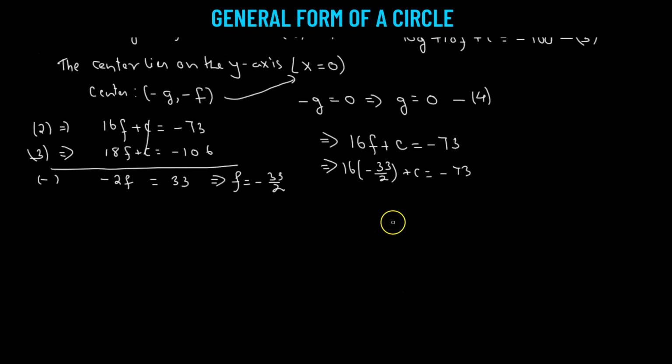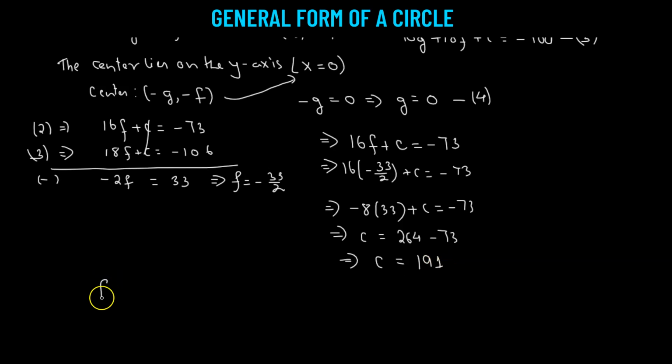So we have negative 8 multiplied by 33 plus c equals negative 73. So that gives us c equals 264 minus 73. So our c value comes out to be equal to 191.